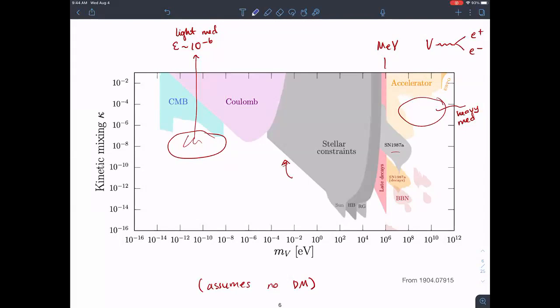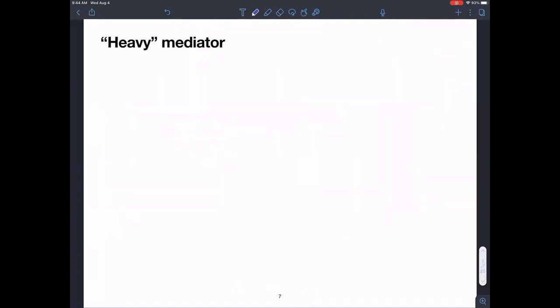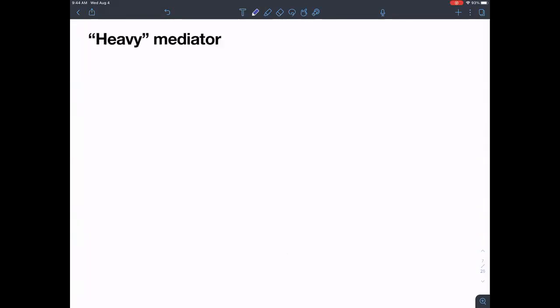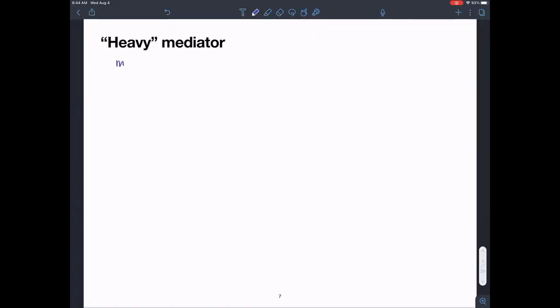Okay, so keep in mind these two. Let me just summarize what they look like. For this heavy mediator, this will be one of the benchmarks that appears a lot, especially in direct detection and accelerators. By that, I mean m_V is similar to m_chi, the dark photon is similar, and as we said, in this basis the dark photon is coupled to the standard model.